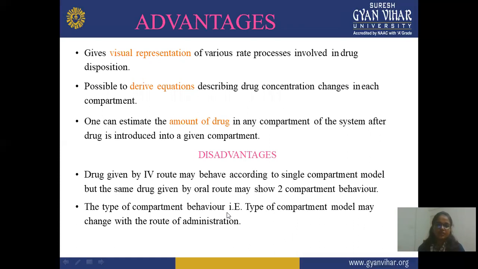Its advantages: it gives a visual representation of the various rate processes involved in drug disposition. Next, it is possible to derive equations describing the drug concentration change in each compartment. If you are taking a multi-compartment model according to your body, then this pharmacokinetic model also gives information regarding drug concentration change in various compartments from one to another.